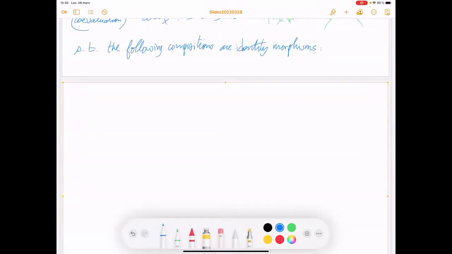So first, the composition. You start from X. By convention, X is 1 tensor X. You can apply the co-evaluation of X on the 1 component and the identity on X. What you get is X tensor X star tensor X. Then you apply the associativity constraint to move the parentheses, giving X tensor X star tensor X. You apply the identity on the first component X, and then the evaluation map.